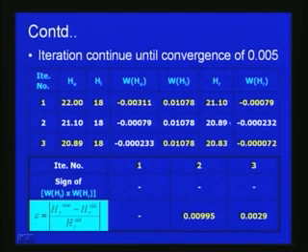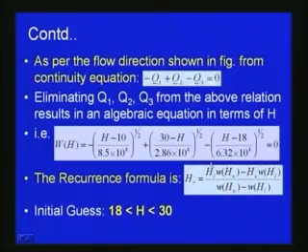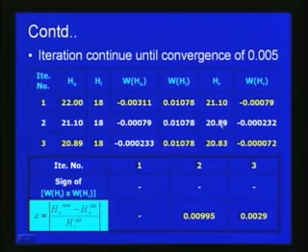We obtain the same value, minus 0.00079, and W(HL) will be the same, 0.01078, since the lower limit is the same. If you calculate HR again, we get HR as 20.89, and the corresponding residue will be minus 0.000232.